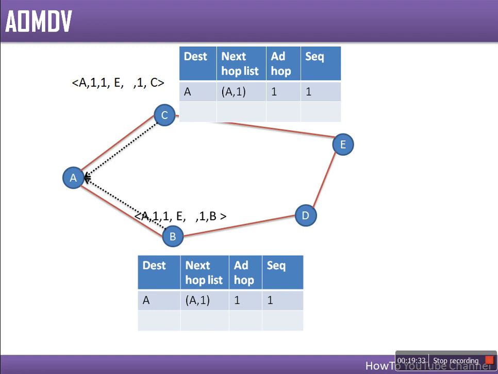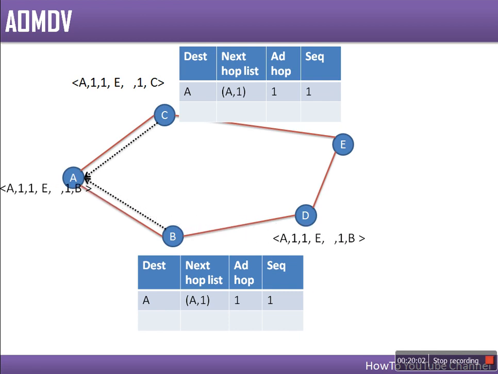Otherwise, let's say if a node receives two route request packets, and if both are coming via this node C, only the first will be entertained, and the second will be simply discarded. This is actually used to find out whether these route request packets are coming via link or node disjoint paths or not.